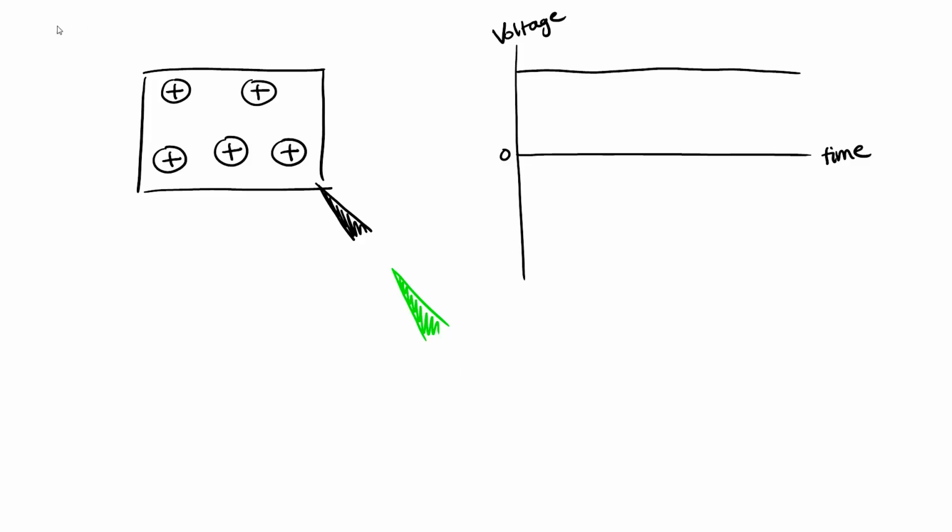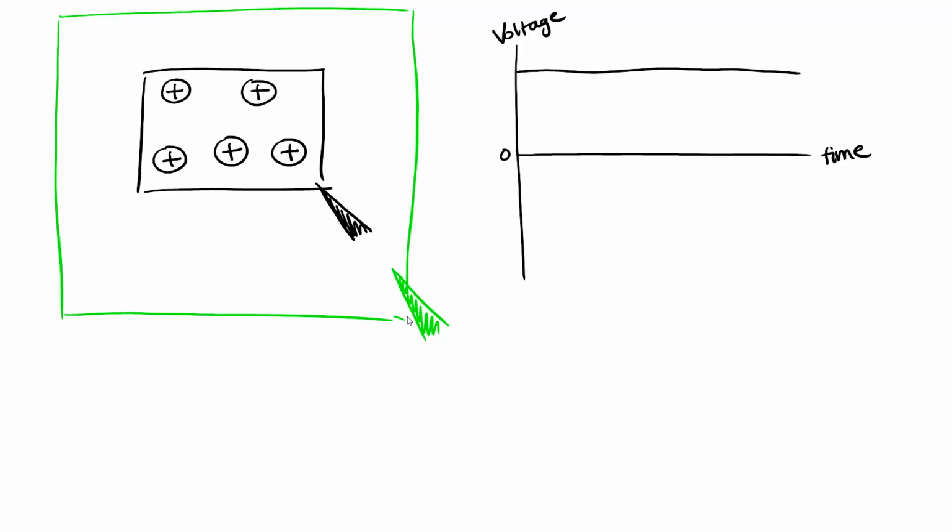Let's say that our box has gotten bigger. So the positive charges are still inside the box, but they're sitting somewhere in the middle, and our new electrode is sitting out farther away. So now what do you expect to detect?